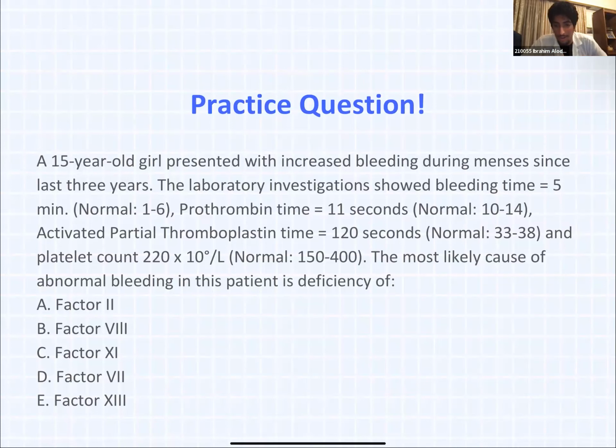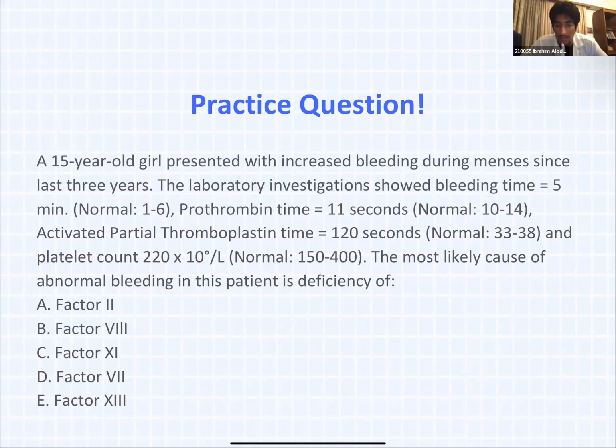A 15-year-old girl presented with increased bleeding during menses, which is the first period, since the last 3 years. The laboratory investigation shows a bleeding time of 5 minutes, which is normal, a prothrombin time of 11 seconds, which is normal, and an APTT of 120 seconds, and a normal platelet count.